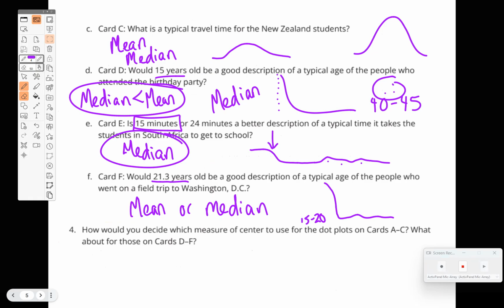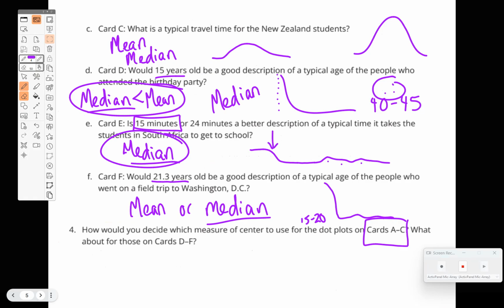Okay, so how did we decide measure of center for dot plots or cards A through C? What did we use? Which one was a good indicator? Both. Both were good indicators. What about D through F? Well, F was mean or median, but D and E were median. Okay, so median, possibly the mean on that one.